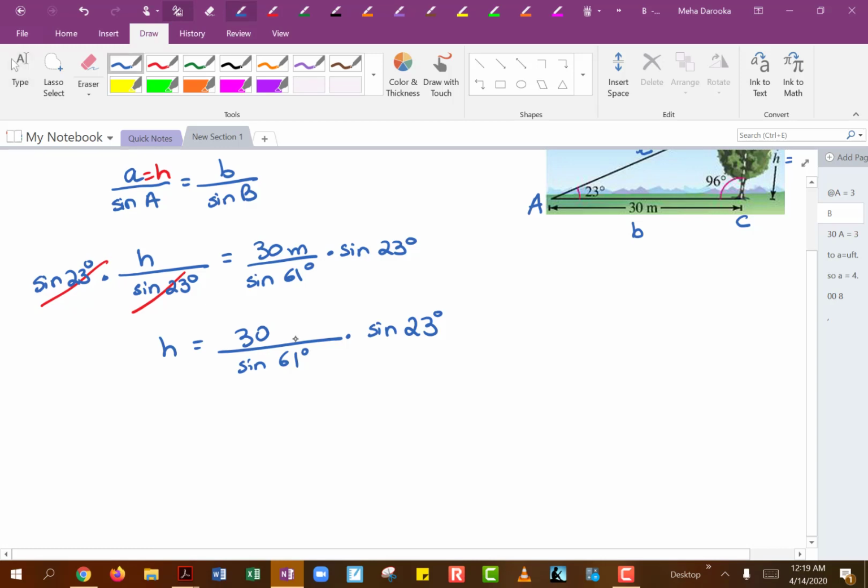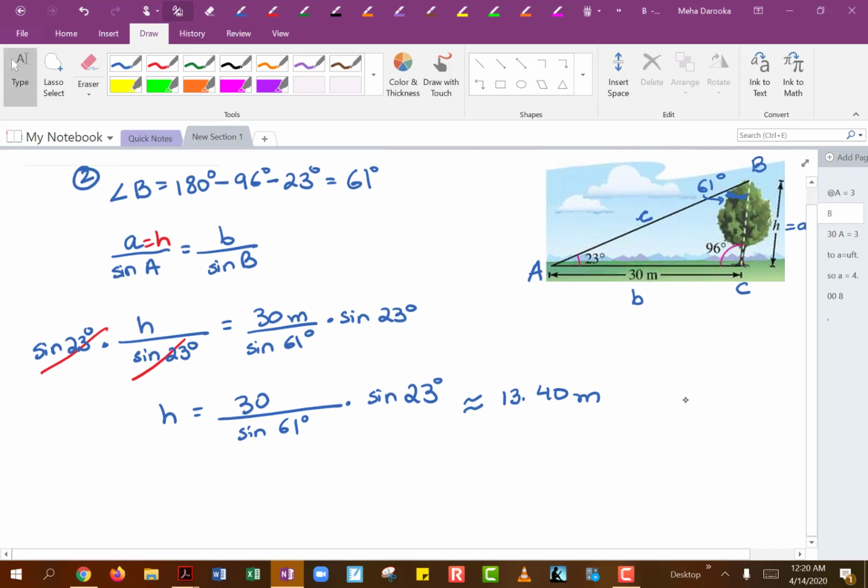So you can start by taking 30 divided by sine of 61 degrees. And then the answer you get, go ahead and multiply it with sine of 23 degrees. And you should get approximately a height for our tree as 13.40 meters. So we're basically saying the height of our tree is going to be 13.40 meters.